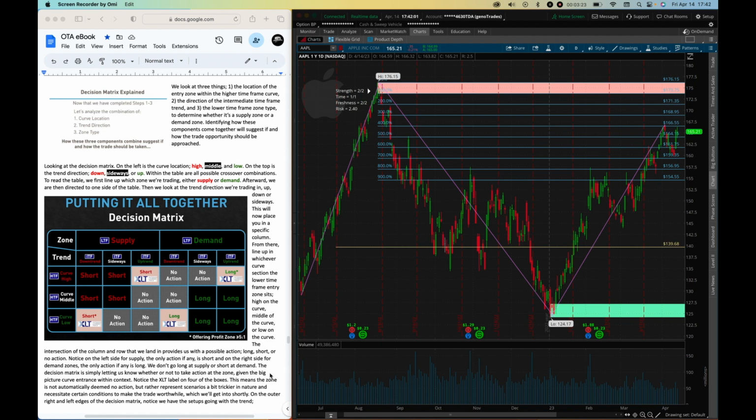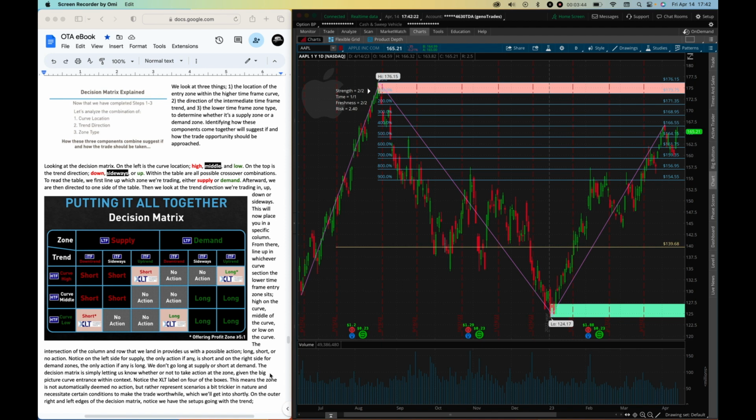Notice the XLT labels on 4 of the boxes. This means the zone is not automatically deemed no action, but rather it represents scenarios a bit trickier in nature and necessitates certain conditions to make the trade worthwhile, which we'll go into shortly.